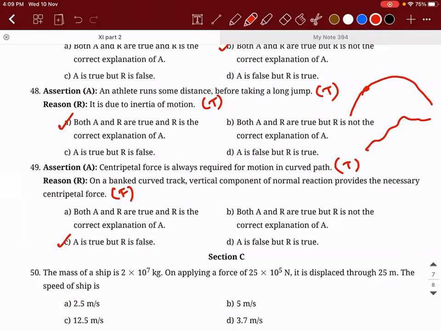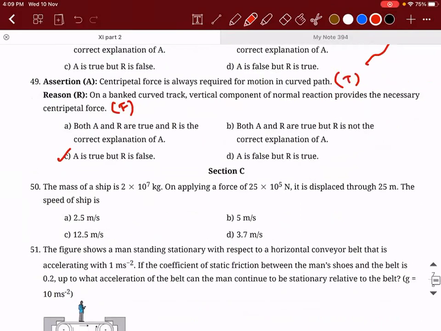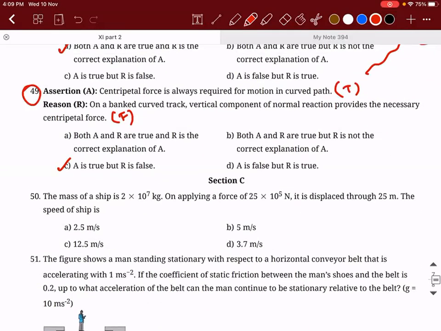Meaning, at that point you need to draw a circle, and for that circle there will definitely be a centripetal force. So for any curved path, this will exist. Though this is slightly a tougher question, it is for your knowledge. Next time you can do it better.